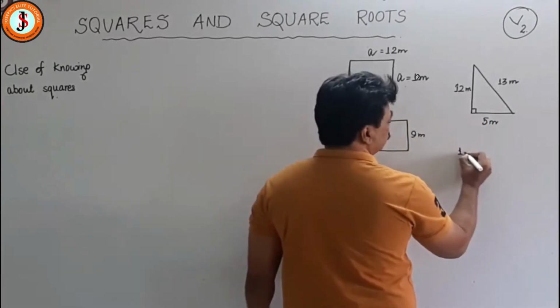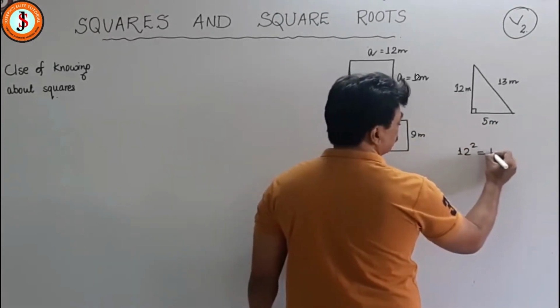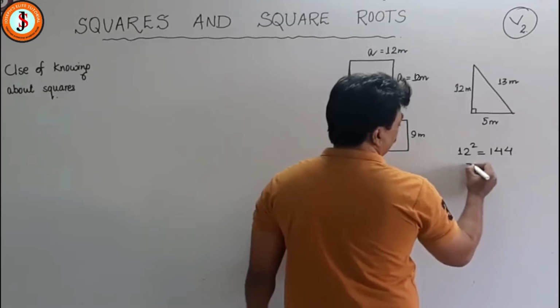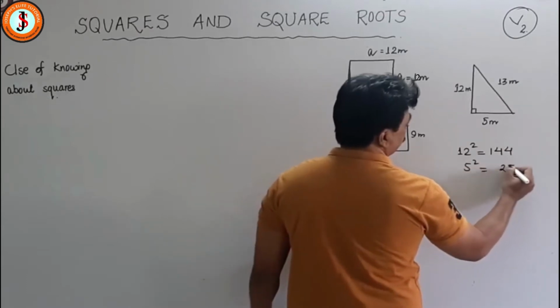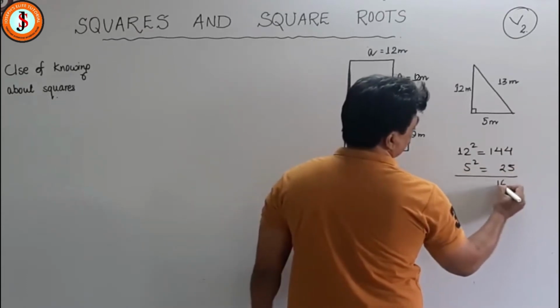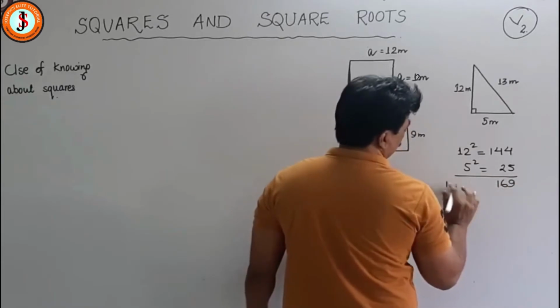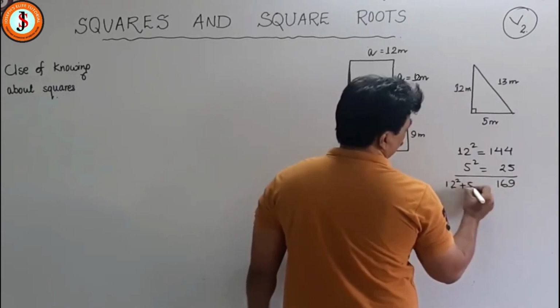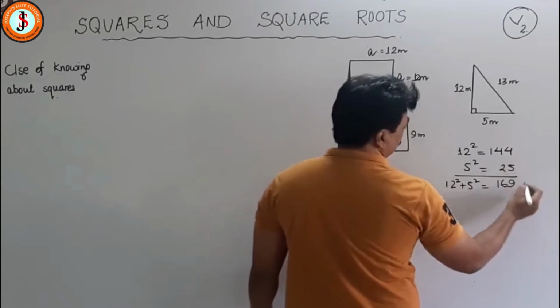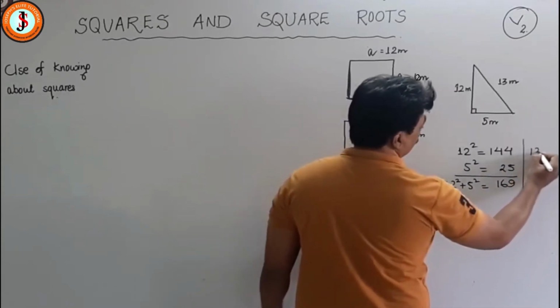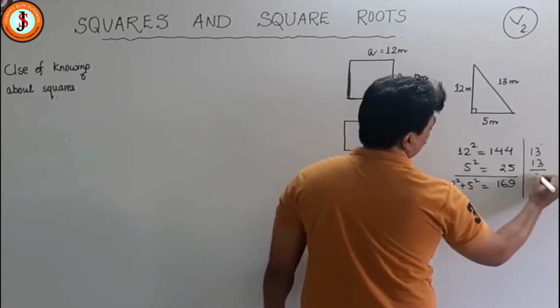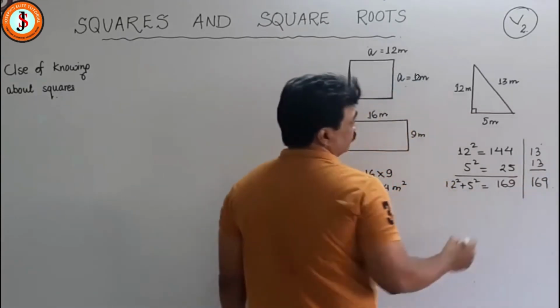The squares of the two smaller ones, if I find and add them up, I get 169. That means 12 square plus 5 square is equal to 169, and the hypotenuse square is 13 into 13, that is also equal to 169.